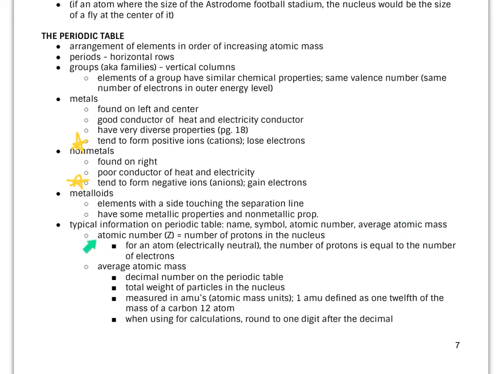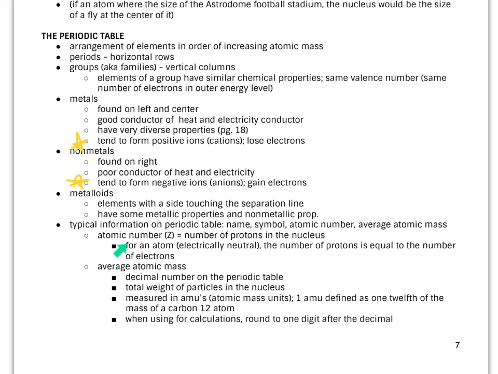The atomic number, which is called Z, is the number of protons in the nucleus. Okay, so this is super important. If you're looking at your handy-dandy periodic table, find aluminum in group 13. Its atomic number is 13. So that means that it must have 13 protons in the nucleus.